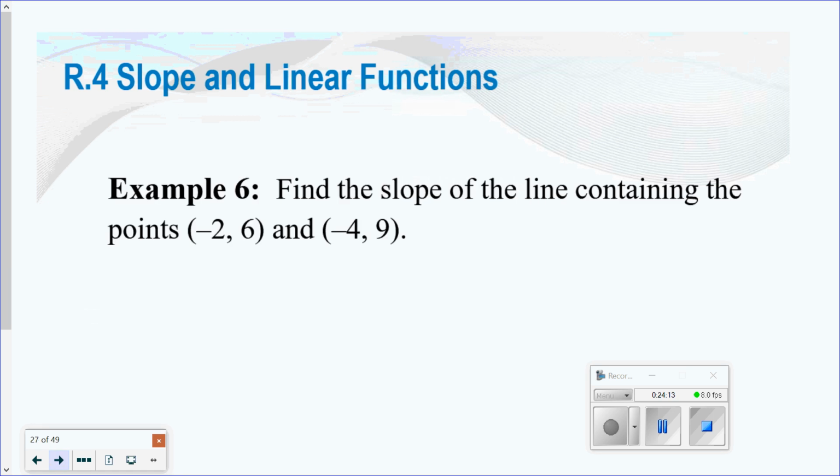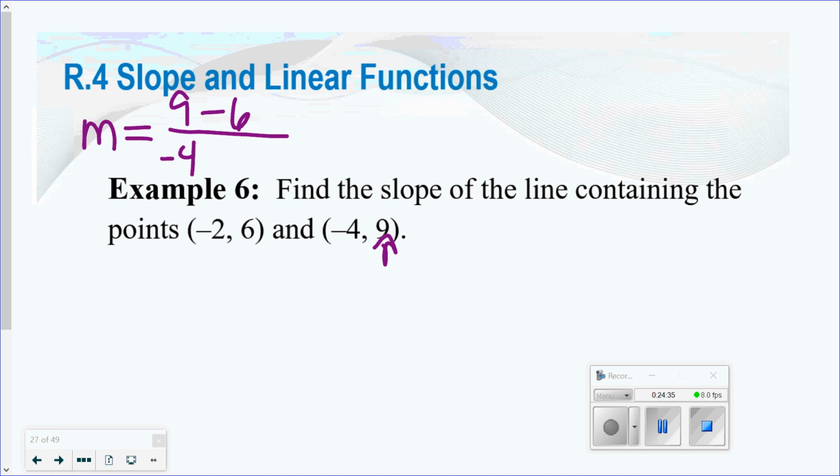So let's look at another example. This time we were not given the slope, so we're going to have to calculate the slope first. We have m equals, and we need our y values up on top. So I'm going to say 9. Since I use 9, -4 has to go right below it.